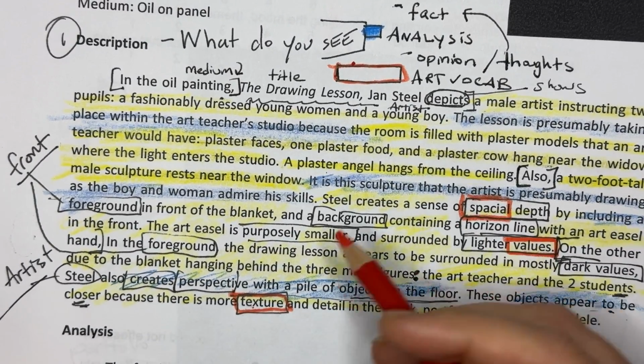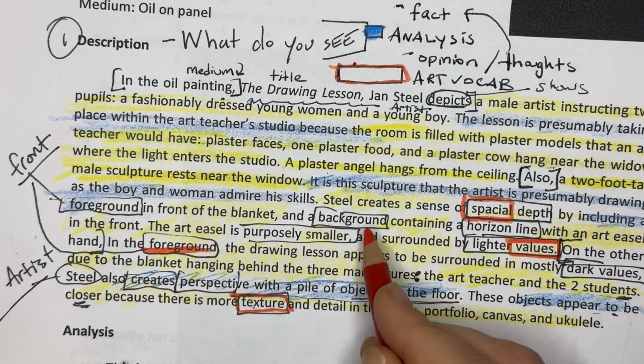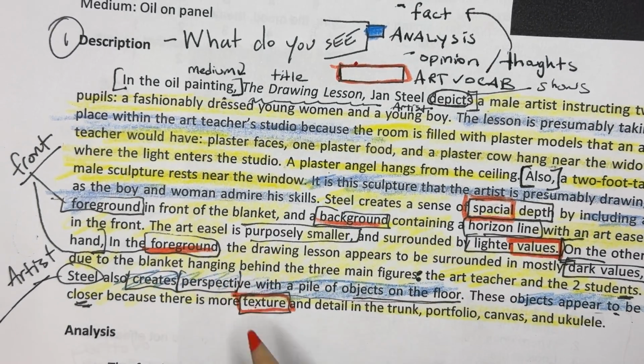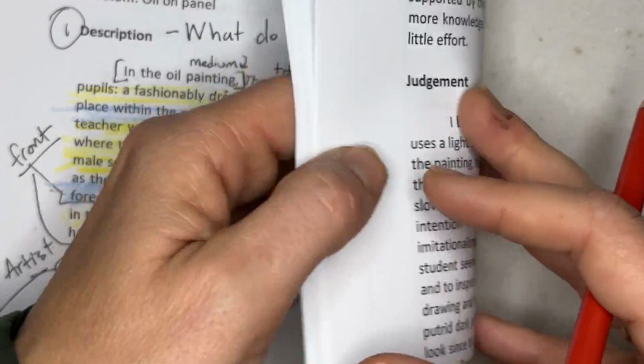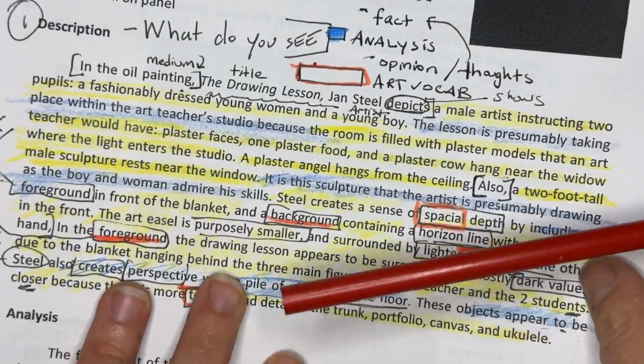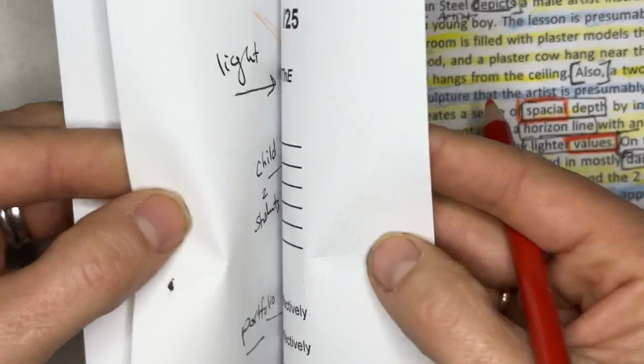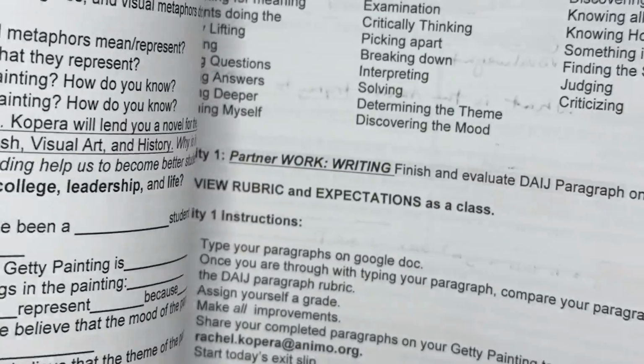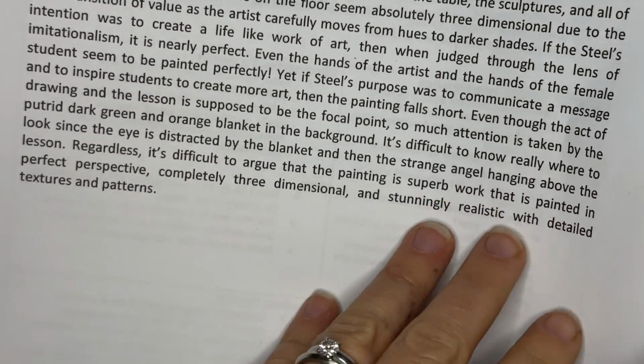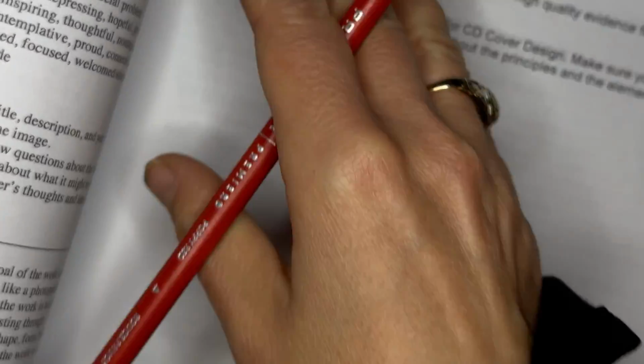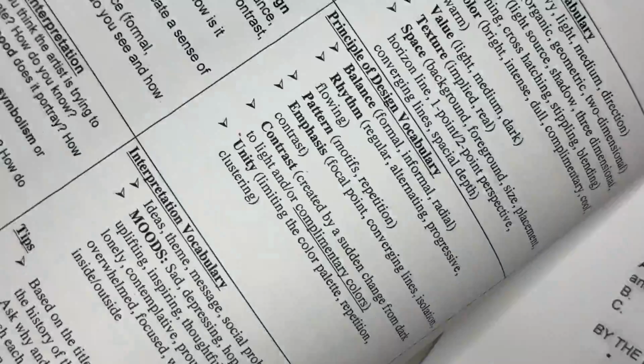And notice how they really explained it with these smaller vocabulary words, right? So when you're writing your CD cover today and picking your painting, you have this vocabulary right here.